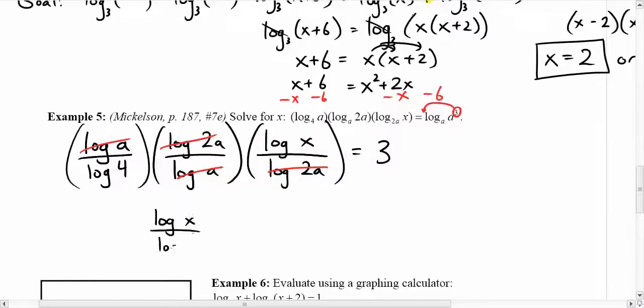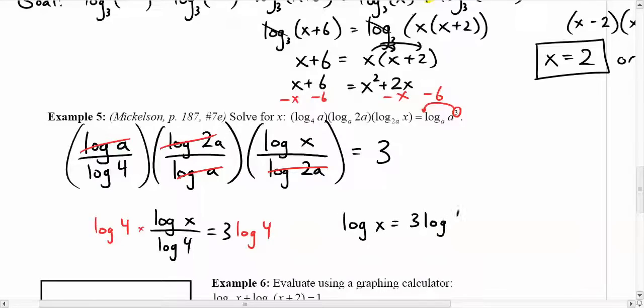Log x over log 4 is 3. So you can multiply both sides by log 4. I can solve this one without a calculator. So log x equals 3 log 4. If I had a single log on each side, then I could cancel the logs.